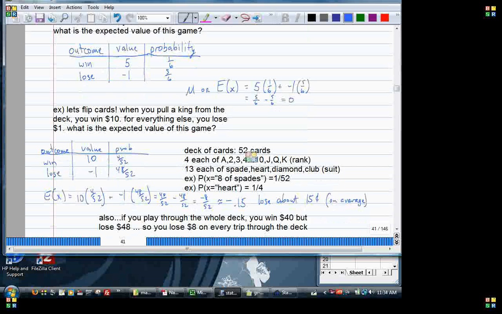So you lose $8 on every trip through the deck. But a trip through the deck is how many cards? 52. So you lose $8 per 52 cards. 8 divided by 52 is negative 0.15. Again, this is another way to think about it.